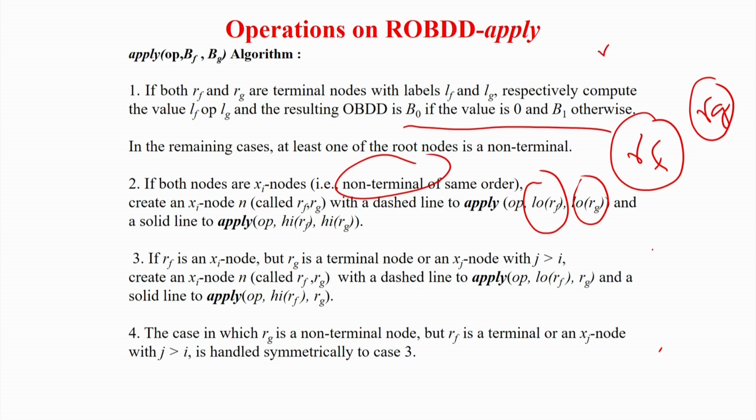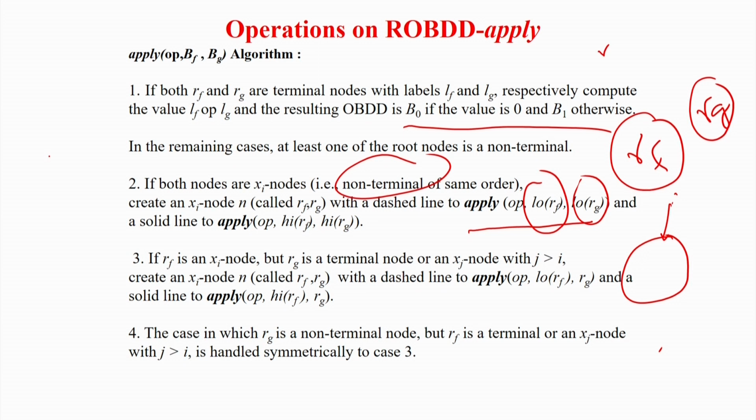Then you have to make another node, which will be the result of this node. What will be in that node? I am making the left node first, because we are combining the two nodes. So what will be the left child corresponding to RF and RG? It is something like the apply operation, add or subtract, on the lower child of RF and the lower child of RG.